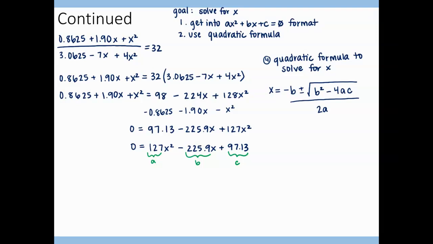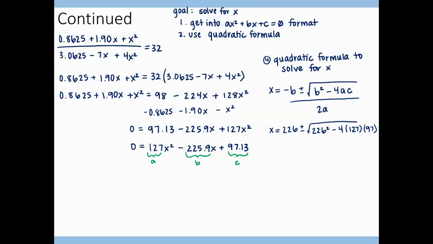So now that we know A, B, and C, we can plug that into the quadratic formula. B in our equation here is negative 225.9. I'm going to round that to 226. Here we have negative B, really the opposite sign, so in the quadratic formula, it's positive. A is 127.